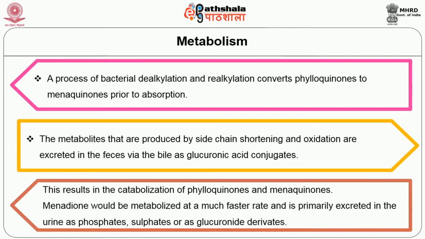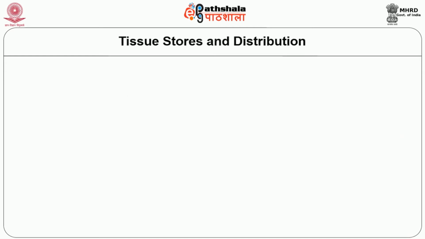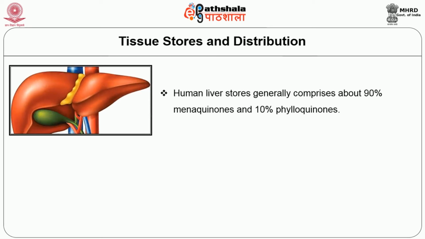This results in catabolization of phylloquinones and menaquinones. Menadione would be metabolized at a much faster rate and is primarily excreted in the urine as phosphates, sulfates or glucuronide derivatives.